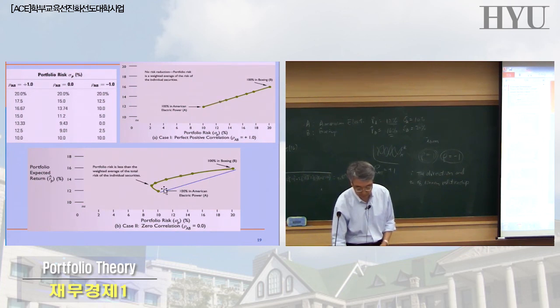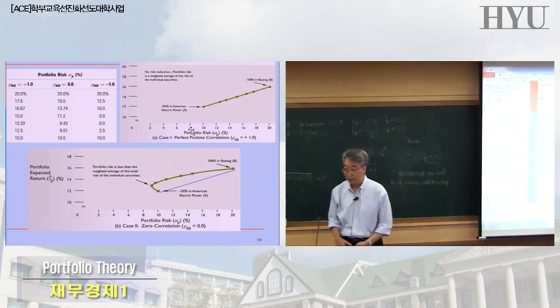Now the risk level is something like 9% here. Make sure you understand that. So I put this blue line here myself to compare with this line. Compared to this blue line, all these combinations of two stocks have lower risk. While maintaining the same level of return, you can reduce the risk by combining the two stocks. That's the idea of this curve.